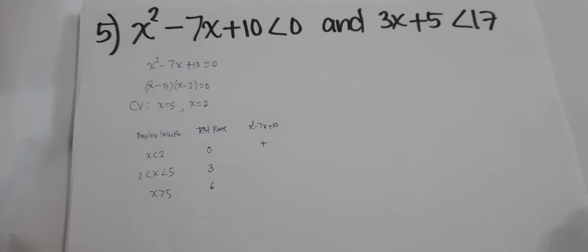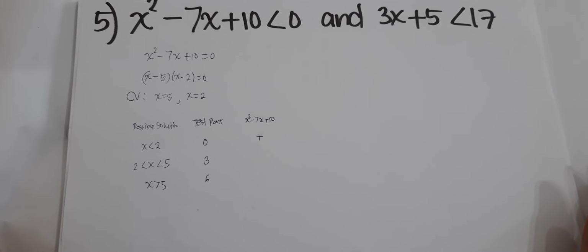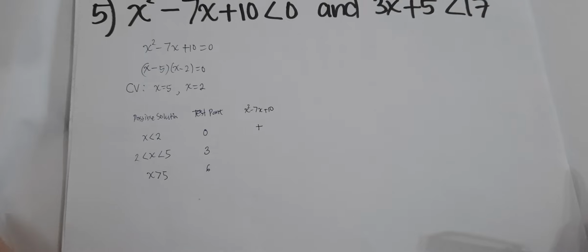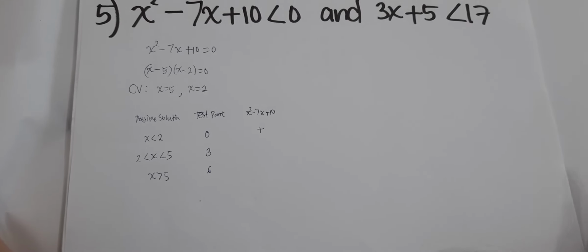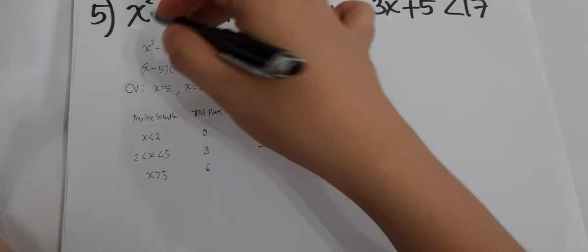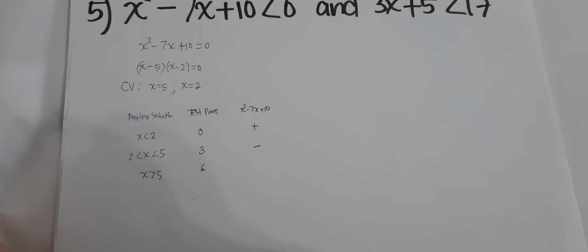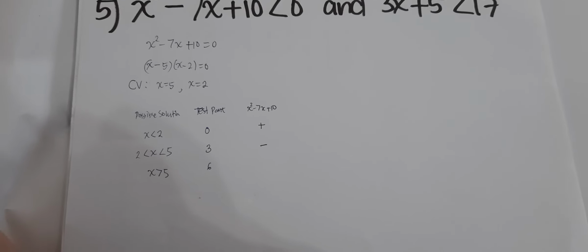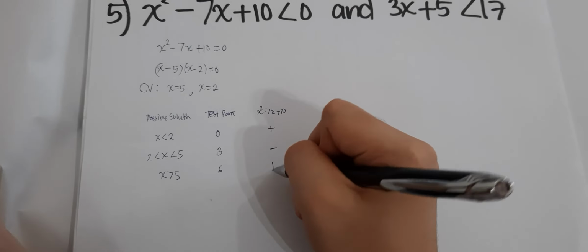If it's 3, what will be? 3 squared is 9, 19 minus 7 times 3 is 21. So negative. If it's 6, 36, 46 minus 42, so positive.